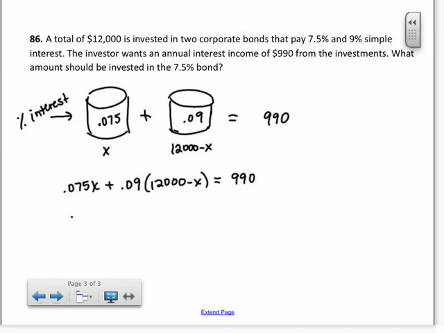Okay, so we solve it out. So I get 0.075x plus, so I need to do 0.09 times 12,000, so 1080, minus 0.09x equals 990. Subtract your 1080.